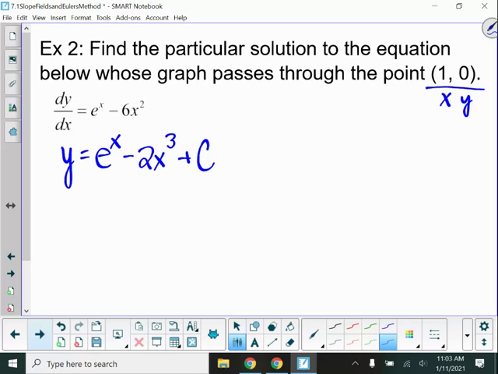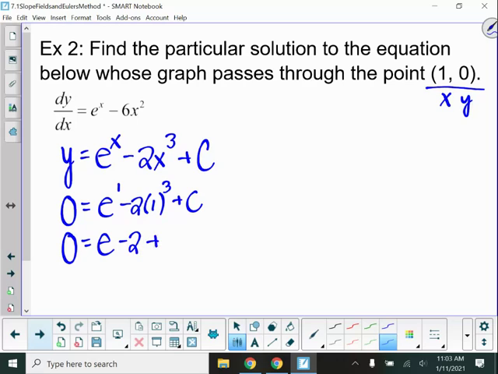So now I'm going to go through and plug in. I have 0 equals e to the first minus 2 times 1 cubed. So that's e, and then 1 cubed is 1 times negative 2 is negative 2. And then to solve for the c, I'm going to get 2 minus e.